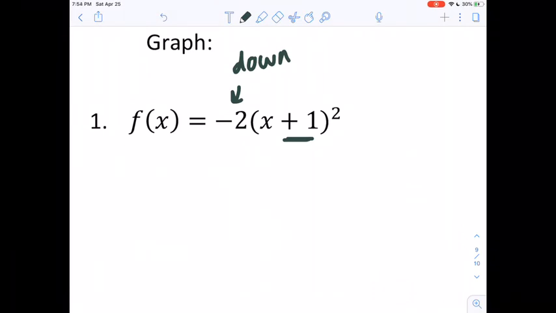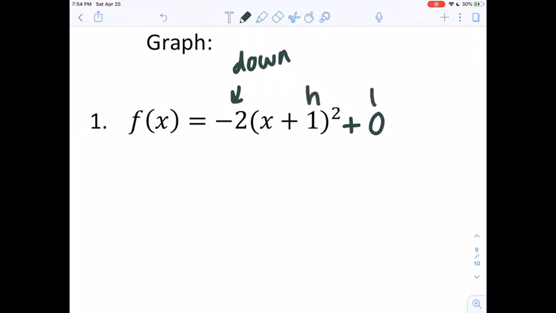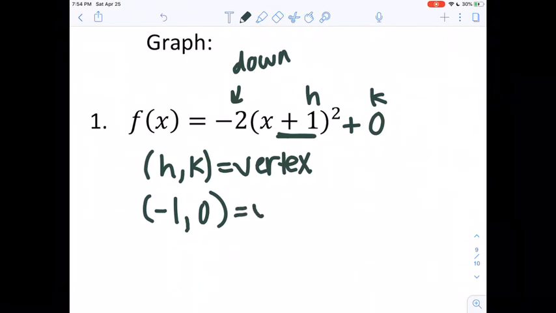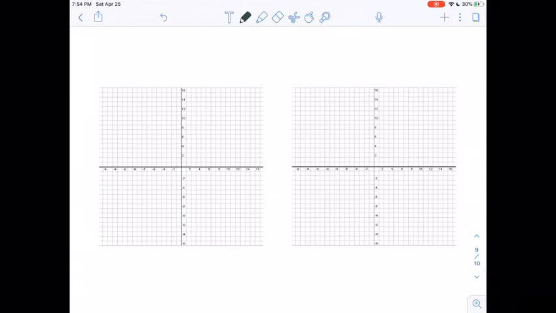But also, it's not the biggest deal because I could just figure out what the vertex is. So this is +0. So that's my h, that's my k. Well, h comma k is equal to my vertex. So my vertex is equal to -1, so it's always the opposite inside of here, comma 0. So that's where I'm going to start.